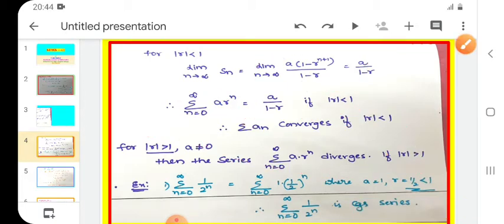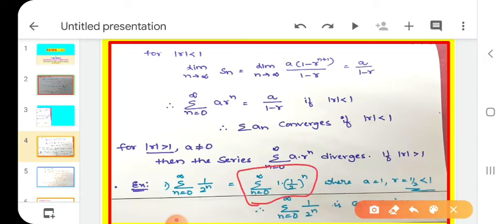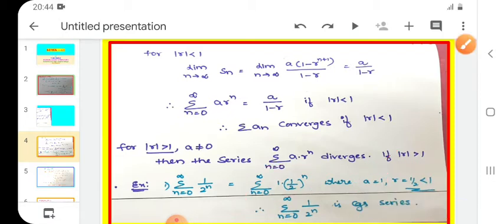So I write the given sum like this: 1 into 1 by 2 whole power n. Now this is in geometric form. Summation n value is also 0 to infinity. What is the a here? Where a is equal to 1, and r power n. What is the r here? 1 by 2. But r equals 1 by 2 means r less than 1. So the given series is convergent series.